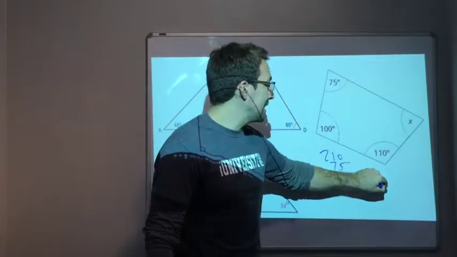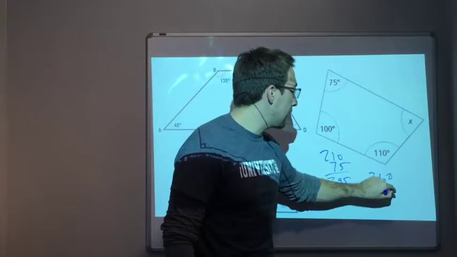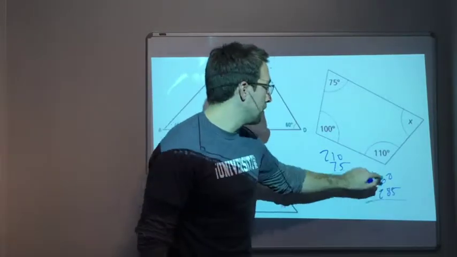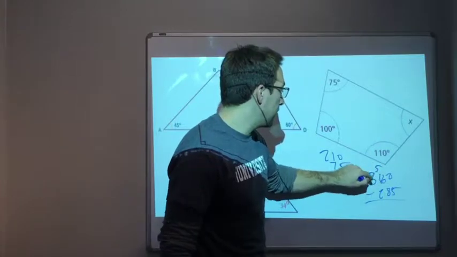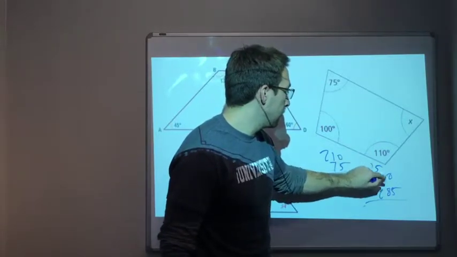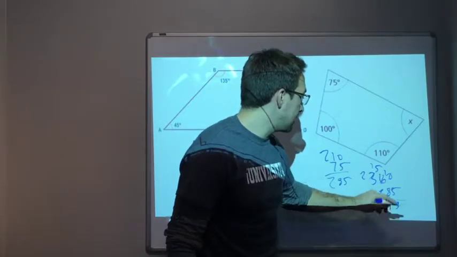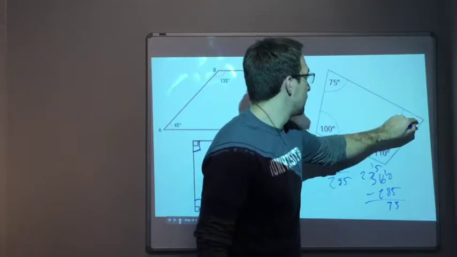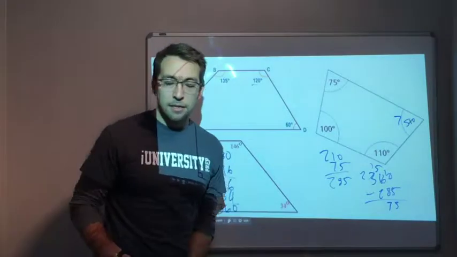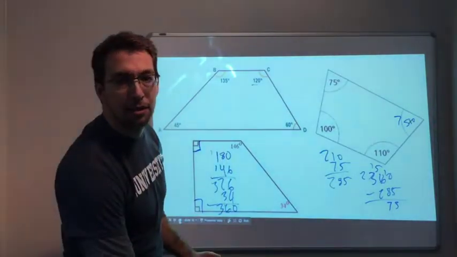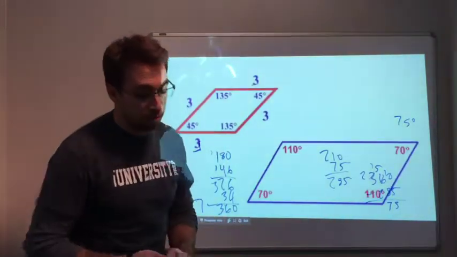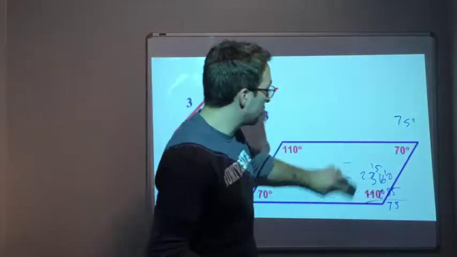So 360 minus 285 is 75 degrees. There it is. Every quadrilateral has angles that measure up to 360 degrees.